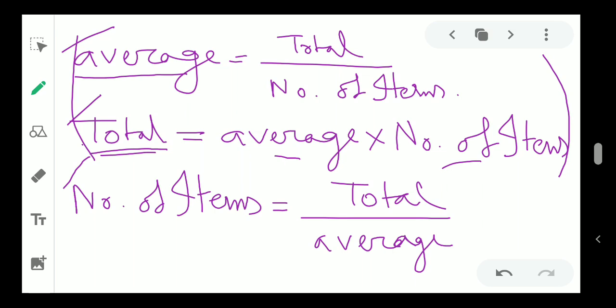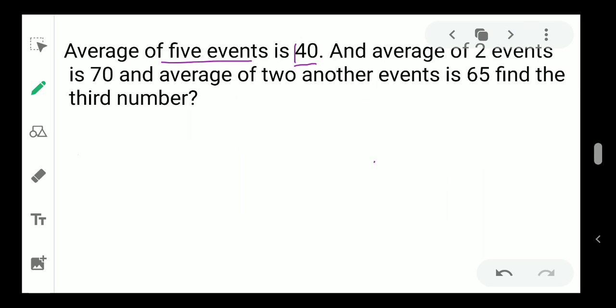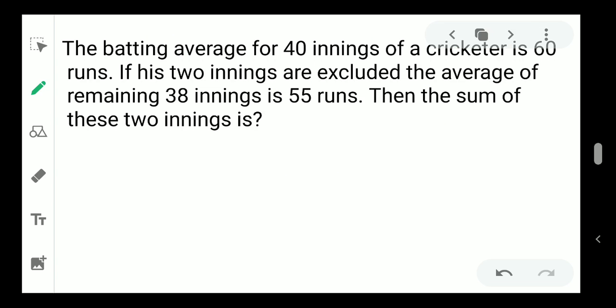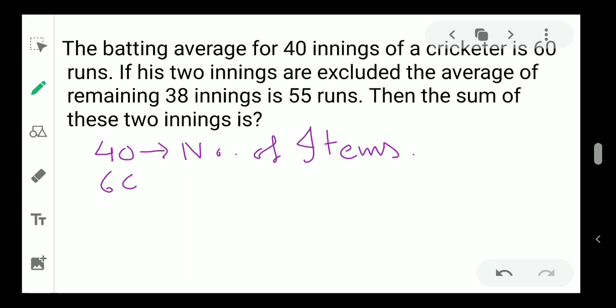Like your average is total by number of items, in the same way total is your average into the number of items. Okay, now coming to this question, so 40 is my number of items, and 60 is my average.